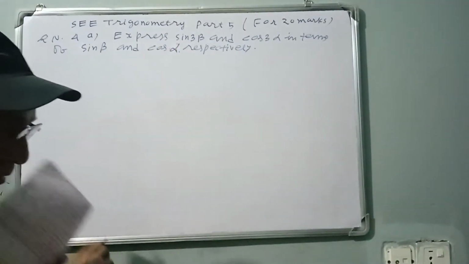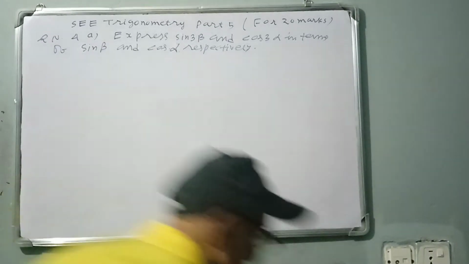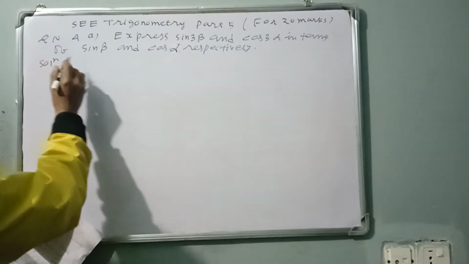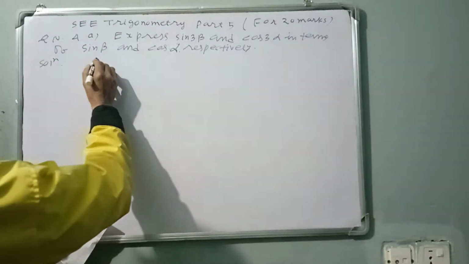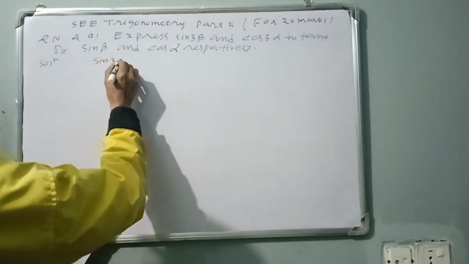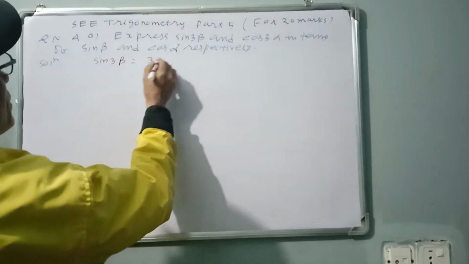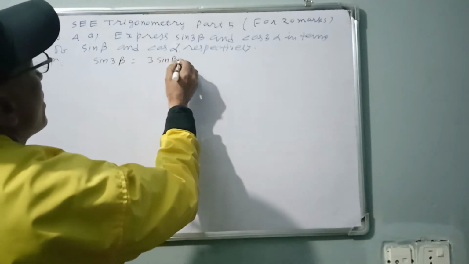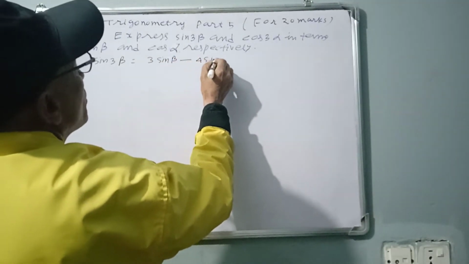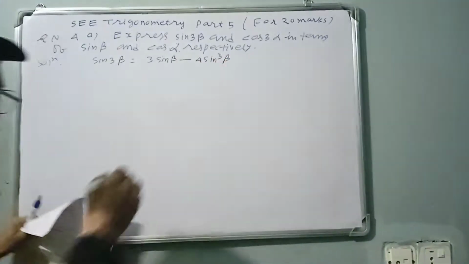Now the answer is as follows. Solution. Sin thrice beta equals thrice sin beta minus 4 sin cube beta.